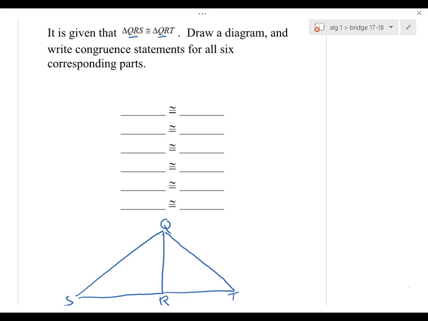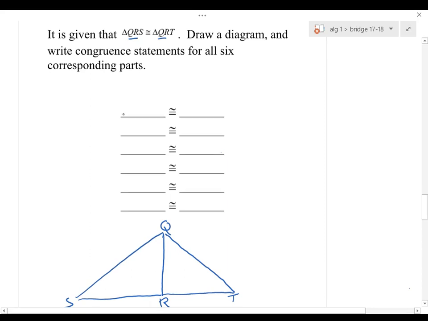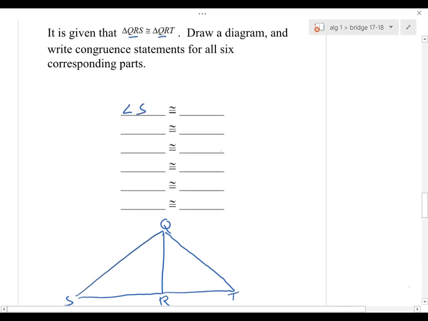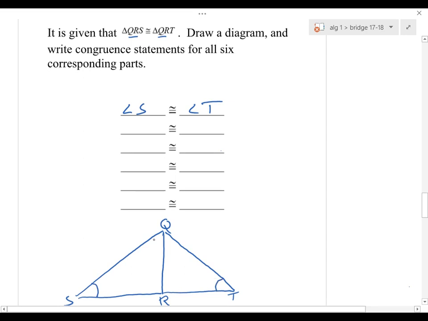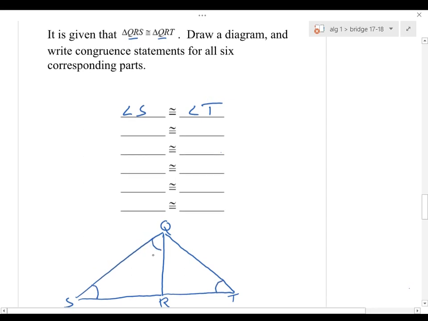So I'm going to start with the angles. Angle S, we can use just one letter here because that vertex is only assigned to one angle. So angle S is congruent to angle T. Let's go up here. So I'm going to use this angle right here.